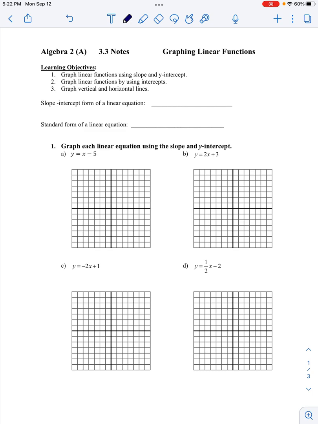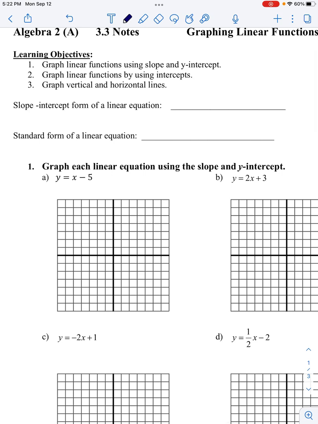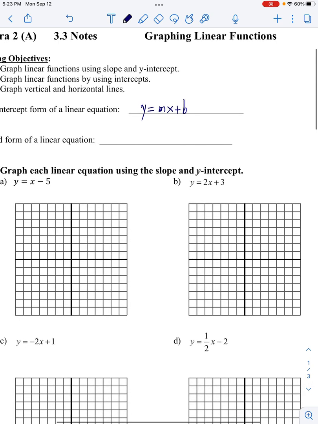So first we're going to talk about the slope-intercept form of a linear equation. When our equation is written in the form y equals mx plus b, this is our slope-intercept form.